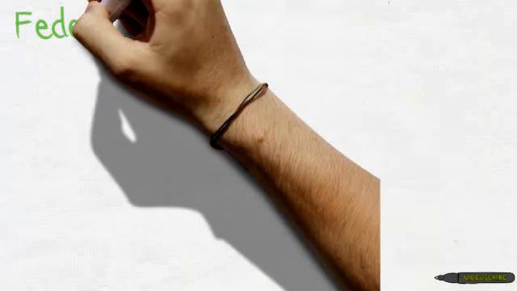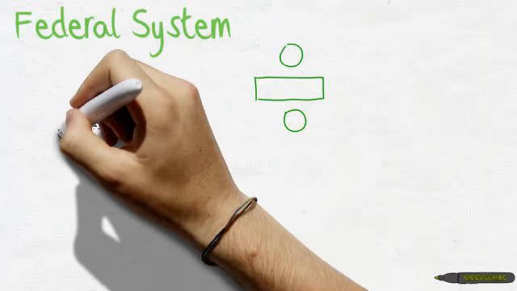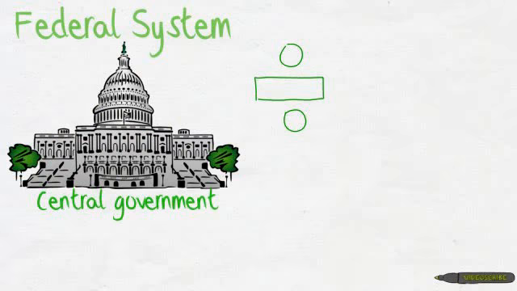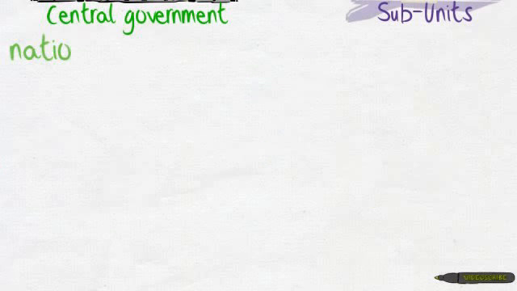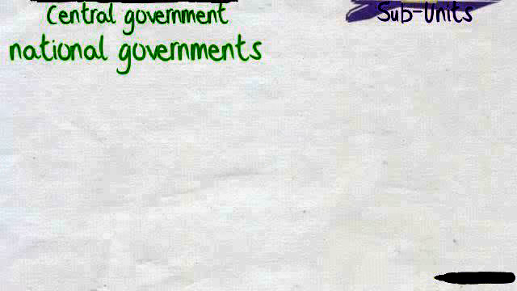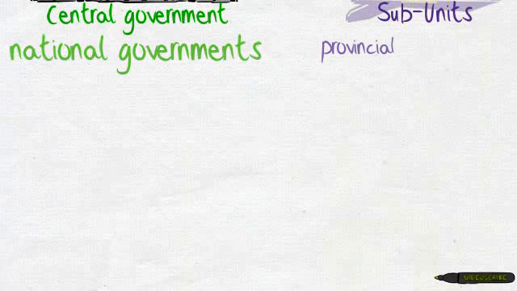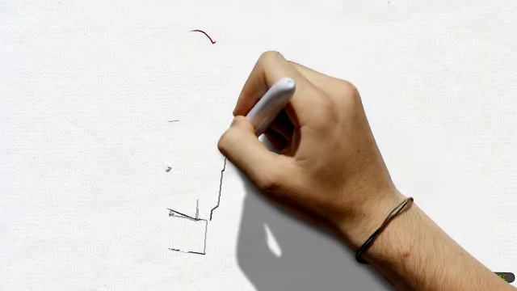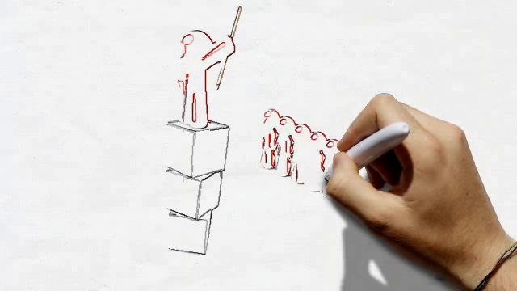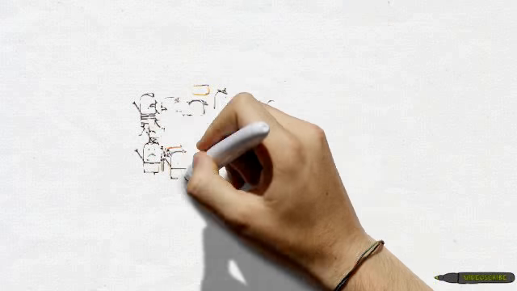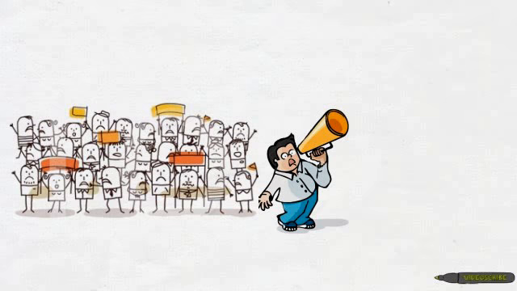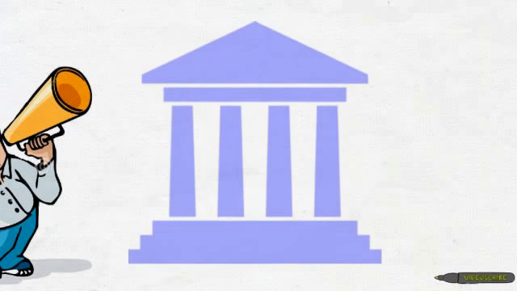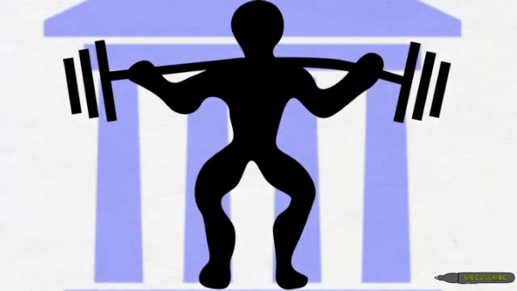A federal system divides the power between the central government and the subunits. Usually, a division of power is between the national government and provincial governments that exercise independent authority within their own territories. Federalism is favorable in regions by allowing for diverse needs and preferences, but also features a central government that is strong enough to keep the country from falling apart.